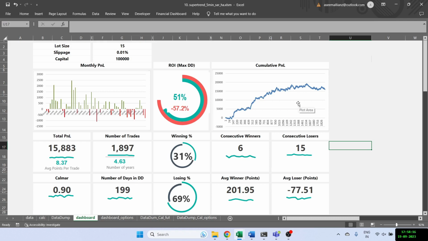Let's say if the VIX is high, maybe the strategy works again. But during the current regime, the strategy doesn't seem to be working. You will also notice in the monthly PNL that lately, in the last 1 year, there have been a lot of red bars, which means that the months have been loss making, which again tells me that this is not a great strategy, not too appealing.